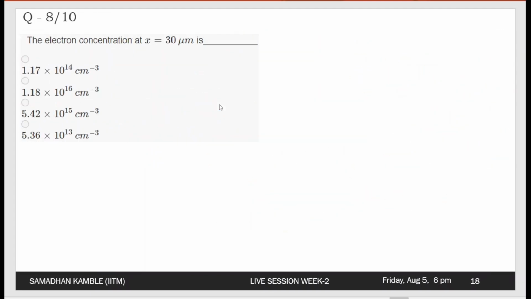The electron concentration at x equal to 30 micrometer is asked. So we know the relation for the electron concentration as a function of position is n of x equal to n at 0 times exponential of minus x over Ln.